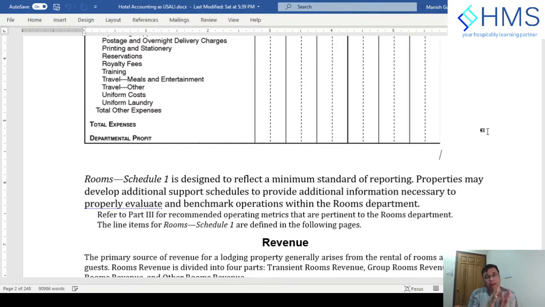You may find the templates are slightly different, because these are standard templates usually prescribed, but your hotel may be following a different platform or template. So you don't have to worry about it. The definitions will remain the same. The calculations will remain the same, and the way to analyze it remains the same. So in the next videos, we're going to be learning more about the detailed definitions of these expenses.